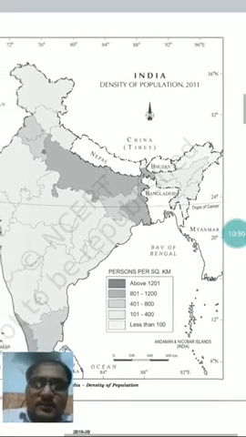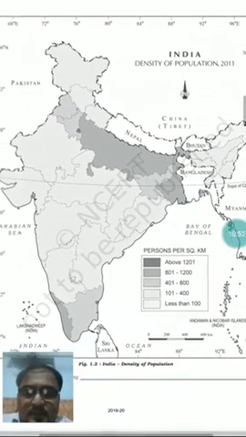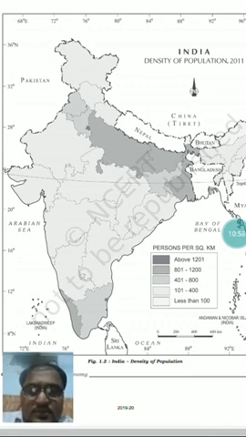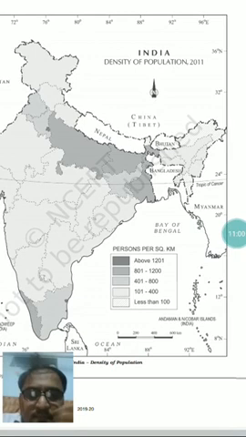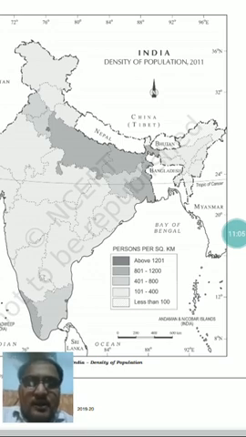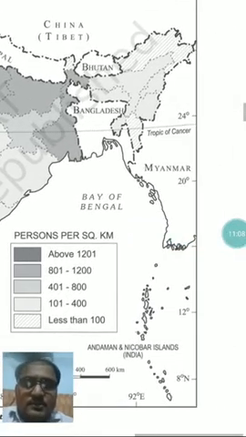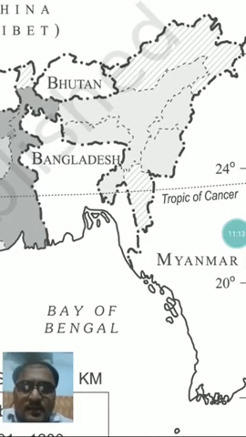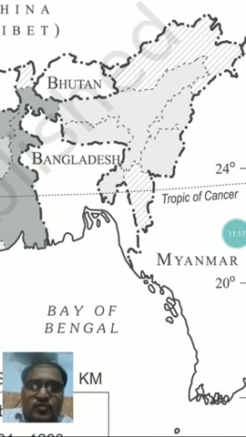Now you can see here that less than 100, the cross zigzag line, is shown mainly in the northeastern states. Let's see it in Arunachal Pradesh. It is here in Arunachal Pradesh, and Mizoram. These two states have it, and Sikkim also.